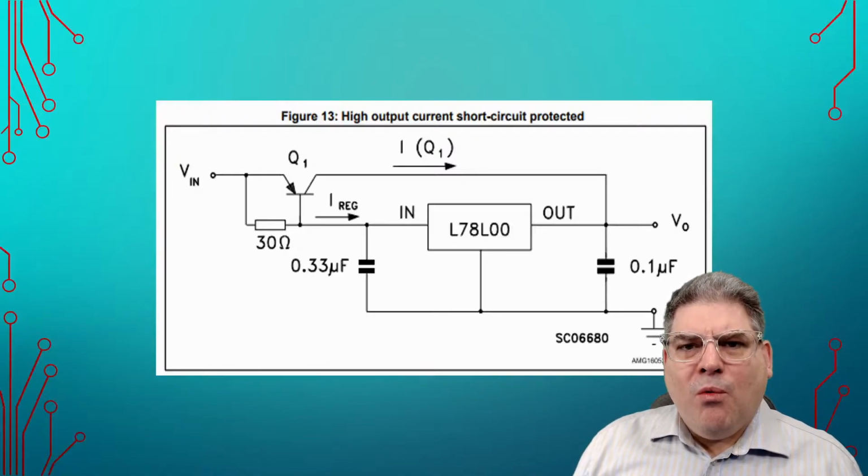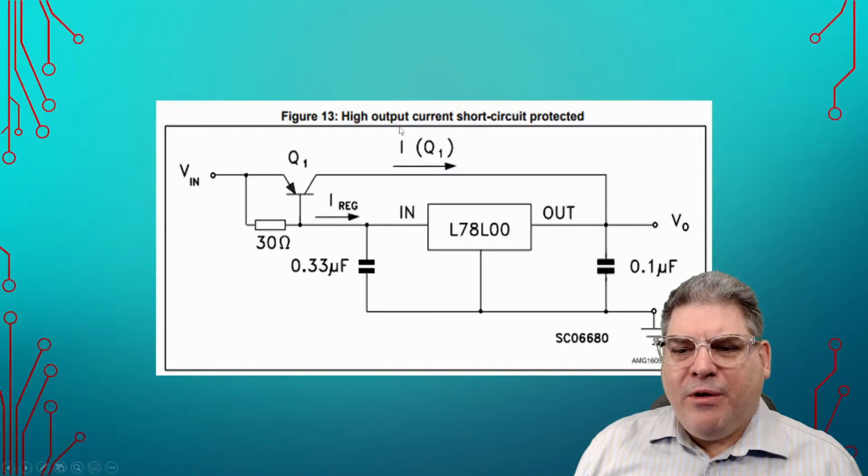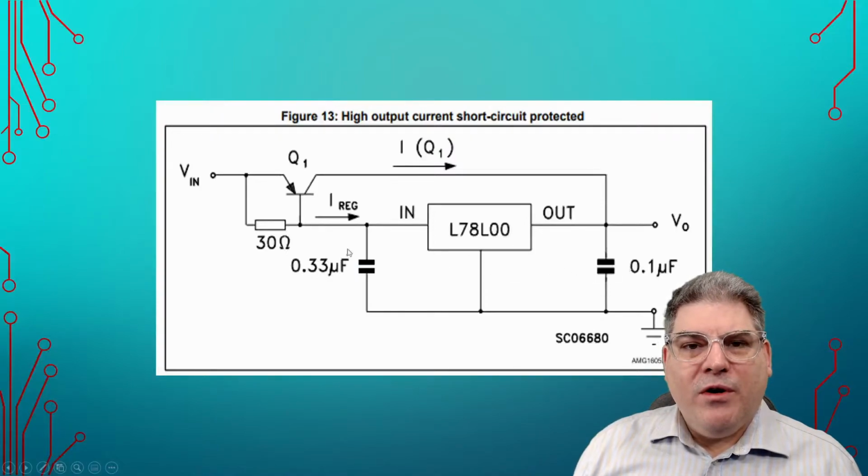The manufacturer wants to sell chips. And so they're going to give us all sorts of ideas of alternate uses for their IC as well as make sure that we know how to install this chip properly and how to put the capacitors around it. Note that I actually got it wrong last week, that the 0.33 and the 0.1 microfarad are inverted here. So we'll change that this week.